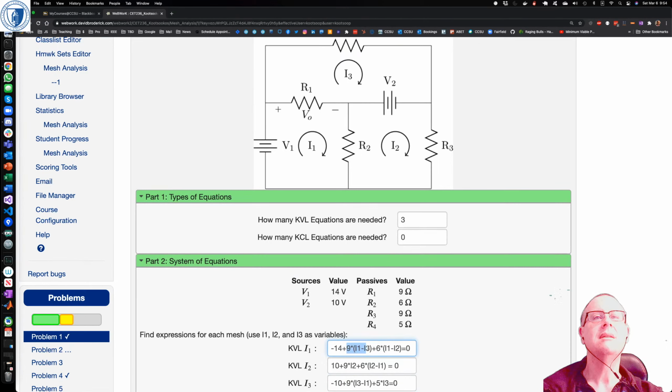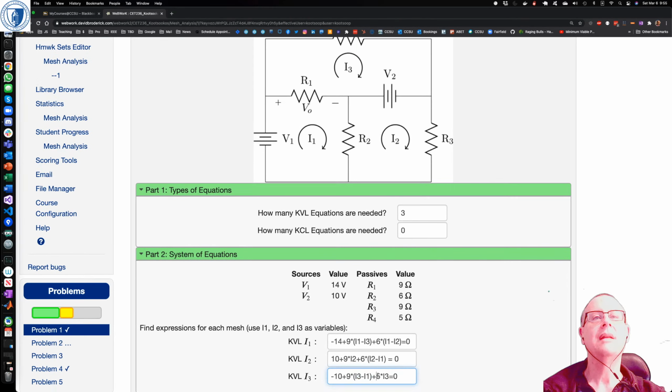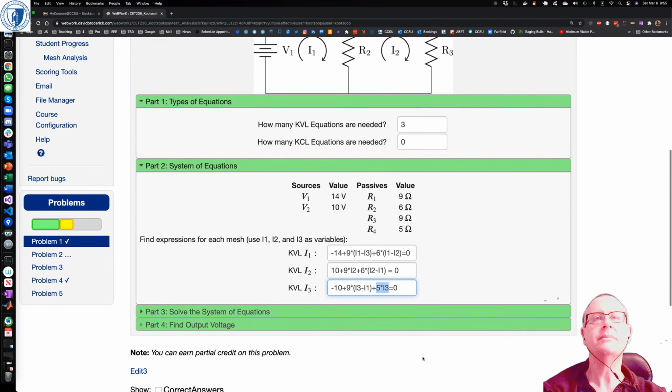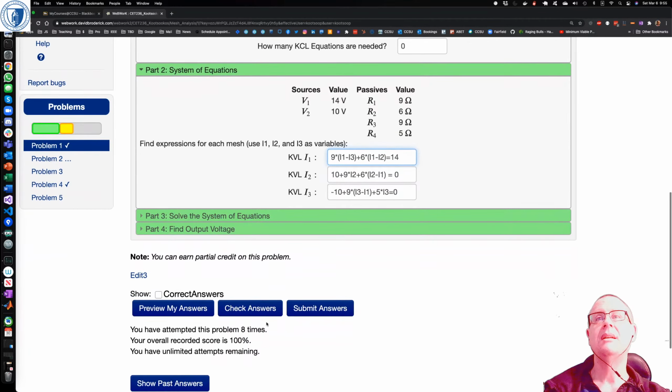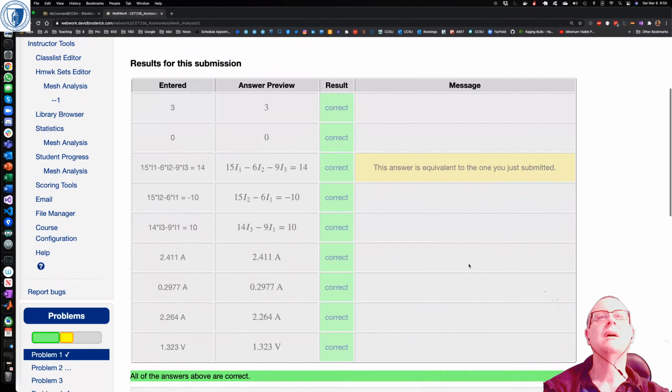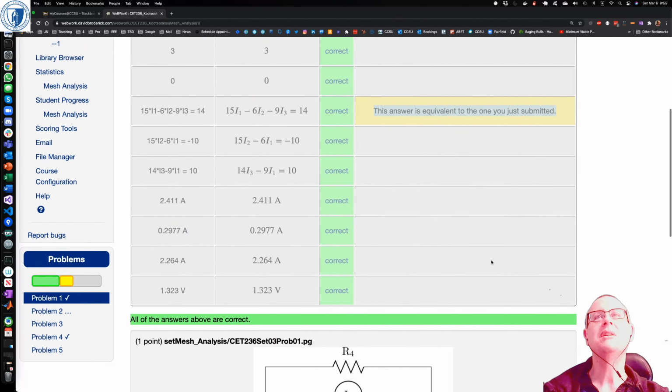Again, it's the negative because we're looking at it from the perspective of I3, and then R4 is 5 ohms, and there's nothing else going through it except I3, so it's 5 I3. And you can do these whichever way around you want. I could put that around there, and it should still give me the right answer, and it even says this answer is equivalent to the one you just submitted.